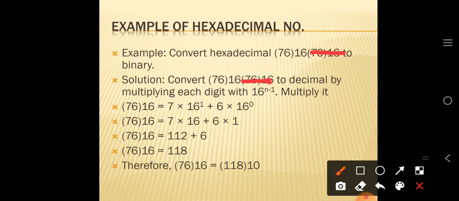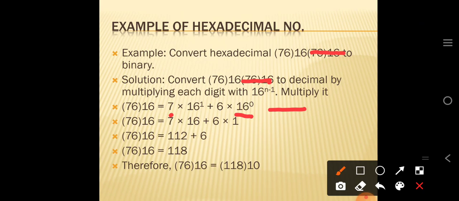76 to the base 16 means we have to multiply every digit of that hexadecimal number by the base 16, and the power of 16 should decrease from 1 to 0. In the first line, the first digit is 7 into base 16 raised to the power 1. Why 1? Because the hexadecimal number has 2 digits, so the power of the first 16 is 1 and the power of the second is 0.